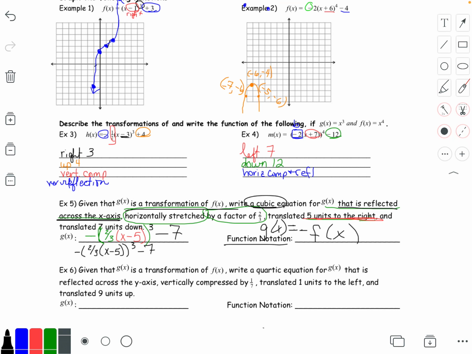Then we know that it's horizontally stretched by a factor of 2/3. Now, since it's a horizontal stretch, it's actually going to be inside of the function. So that means that it's going to be there, inside of the function, but in front of the x. Then we have that translated 5 units to the right, which is -5, and 7 units down, so -7.